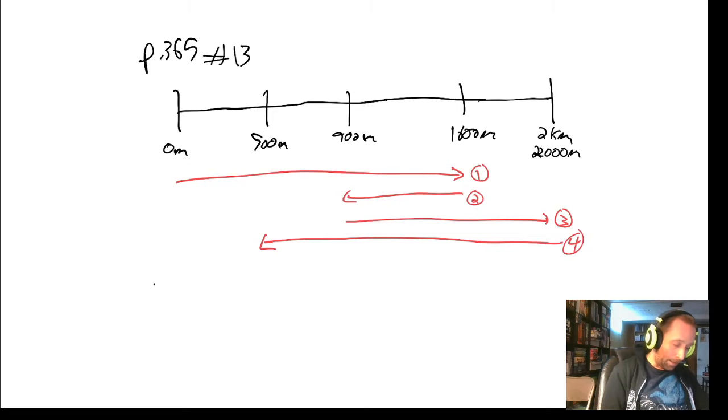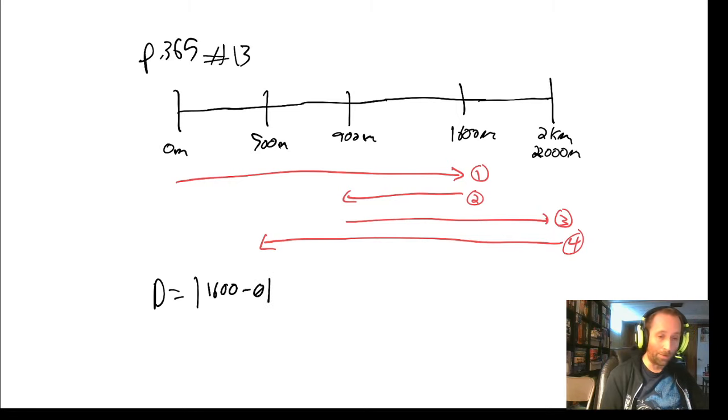So we need to calculate this total distance as an absolute value function. So let's get started. For all of these, we're going to take the end point, so in this case at 1,600 meters, and we're going to subtract the starting value. So the first portion of this trip, so part 1, will be 1,600 meters minus 0.